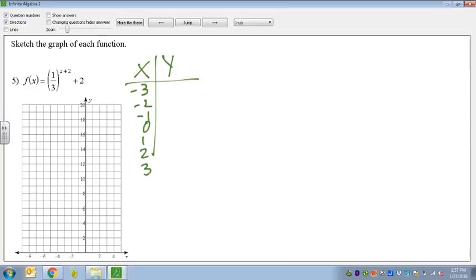Okay, so let's plug in -3. That would give me 1/3 to the -3 plus 2, and then plus 2. If I simplify the exponent, -3 plus 2 becomes 1/3 to the -1, plus 2.